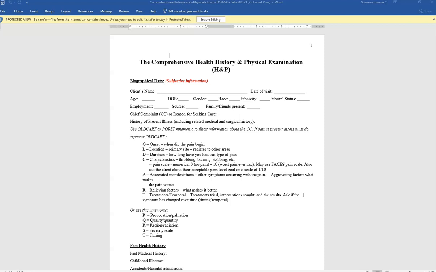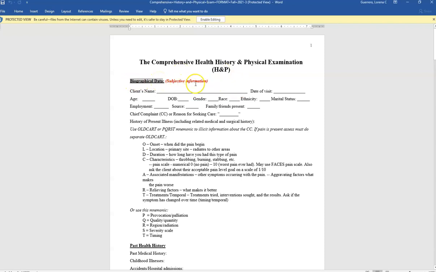I will try to be very clear when I say you have to know this for the exam. The rest is information I think you will find helpful as you move in the program. So we start with what we call the patient identification or biographical data.